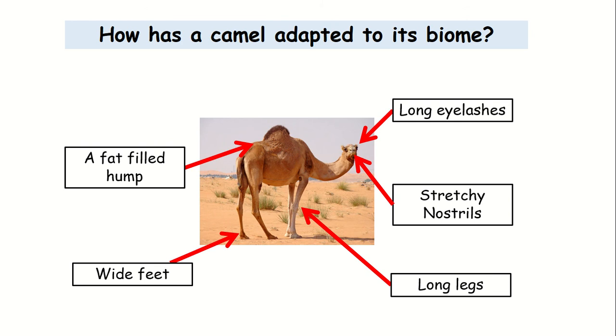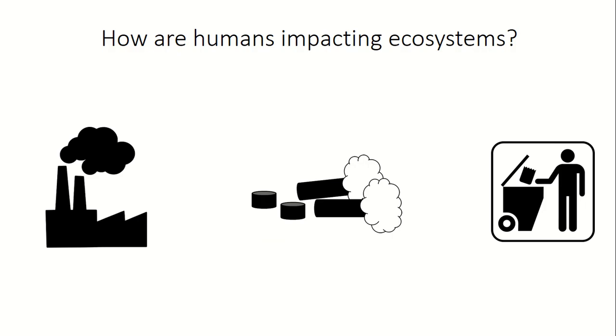So they have things like a fat-filled hump, they have wide feet to stop them burning their feet, they have those long eyelashes as well to keep the sand out of their eyes because it's very, very sandy, a lot of sandstorms in the desert. And that has all enabled the camel to survive in such a harsh environment for a longer period of time.